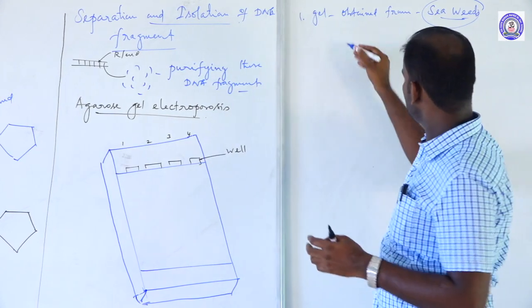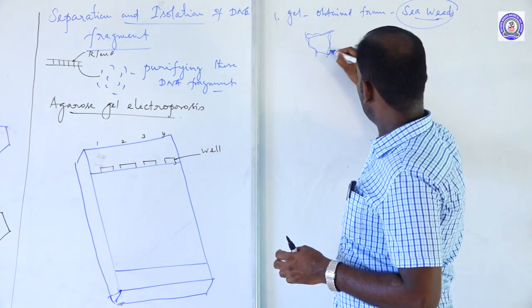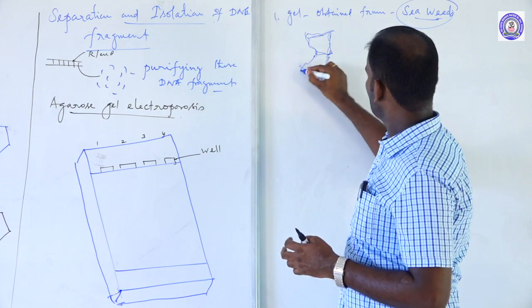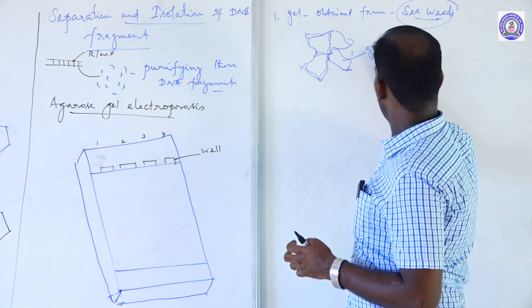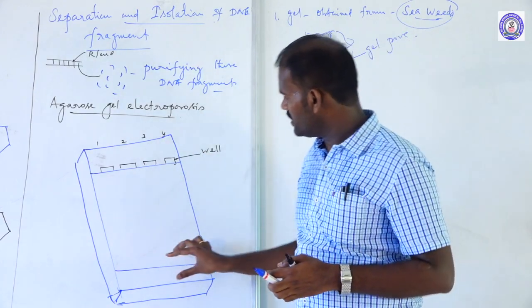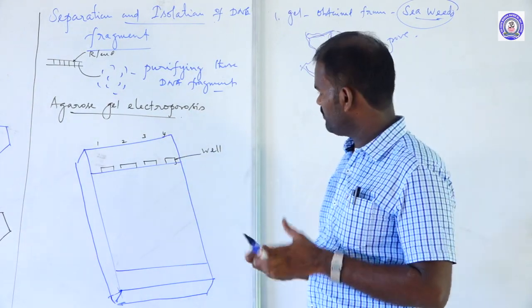These thread-like structures become laterally joined together to form pores. These are called gel pores. So the gel is first loaded into the agarose gel electrophoresis instrument.